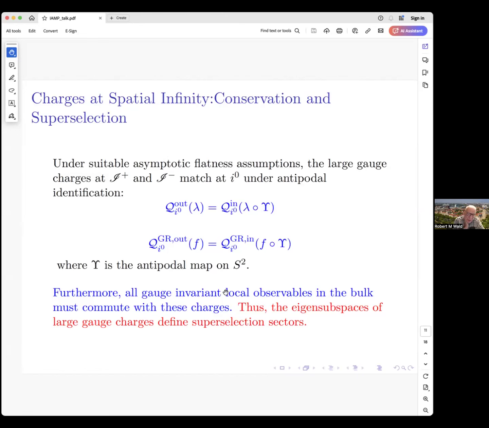And in fact, this observable must commute with all gauge invariant local observables, for largely the same reason that the ordinary total charge at spatial infinity commutes with all gauge invariant local observables. And that means that the eigensubspaces of these large gauge charges will define superselection sectors of the quantum field theory.